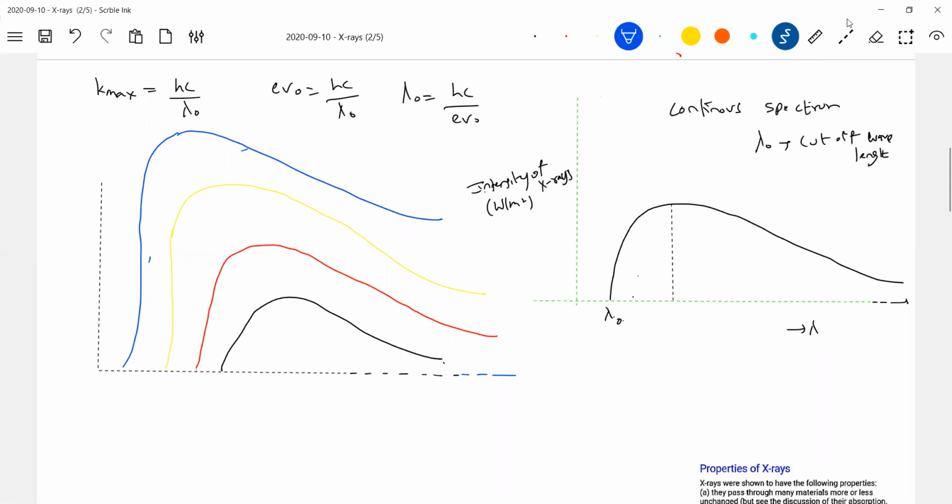Go for the radiation chapter, Wien's displacement law. This is the X-ray spectrum, and this is the wavelength. The cutoff wavelength will come. So this will start with some 20 kilovolt.